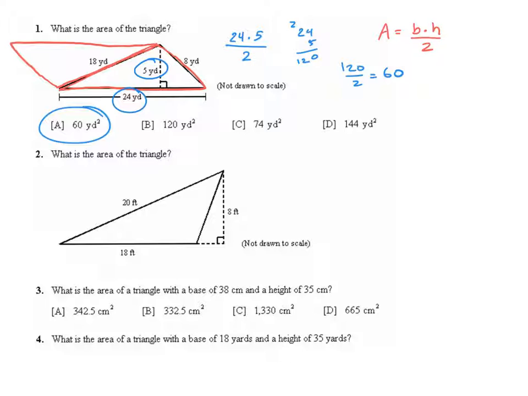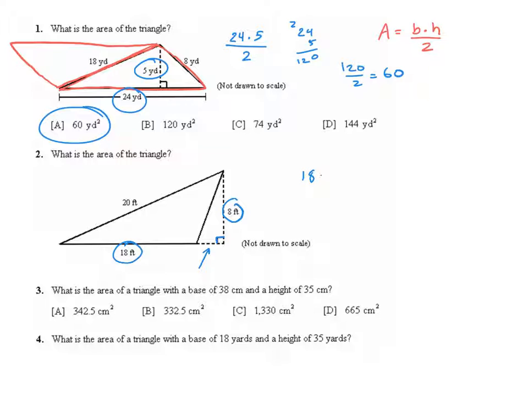On question 2, this is going to be our base, the 18, because this right here is the height, and we know that it's the height because it is perpendicular to the base. Notice that the base has been extended slightly right down here because this is an obtuse triangle. It's been extended slightly just so that we can measure the actual height as perpendicular to the base.